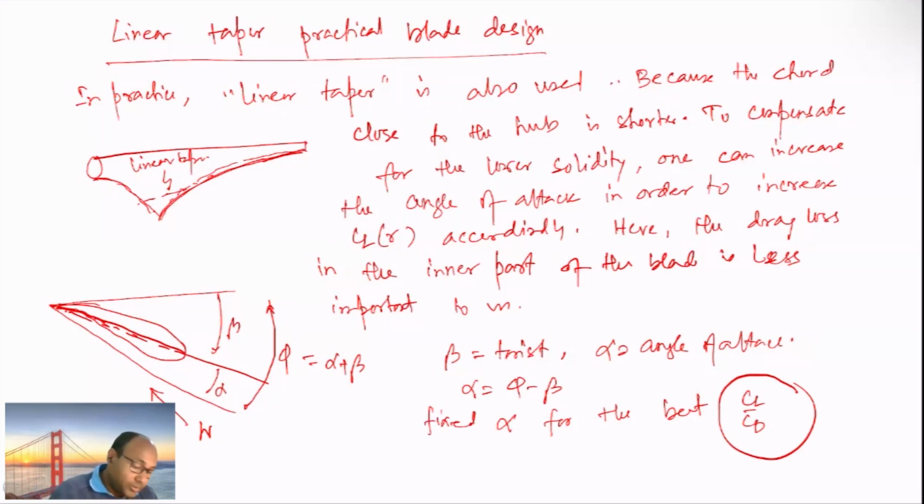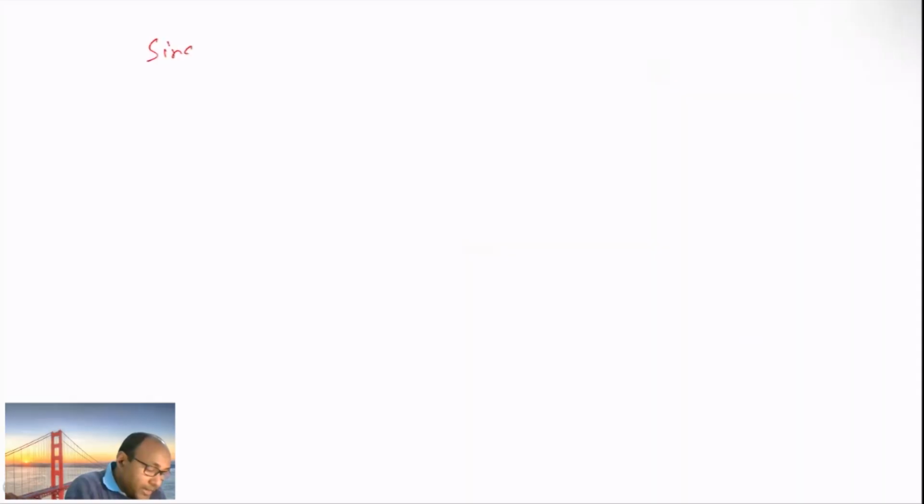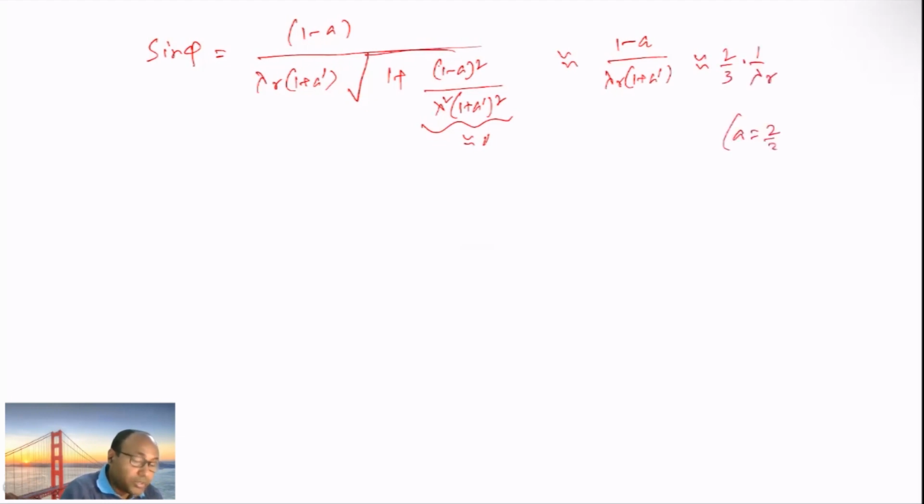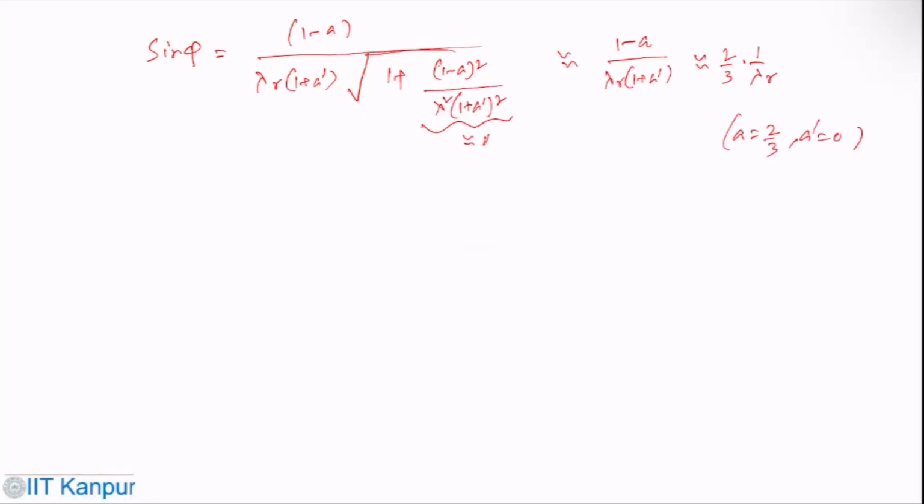So what you have then, you have sine phi, which is (1 minus a) over lambda r (1 plus a prime) over square root of (1 minus a) square plus lambda r square (1 plus a prime) square, which is equivalent to 0. So that gives you (1 minus a) by lambda r (1 plus a prime), which is 2/3 by 1 by lambda r. a equals to 2/3 and a prime equals to 0. So this is what you get.